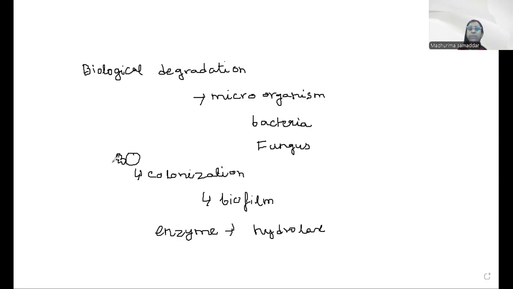So this is one of the ways of degradation of the plastic into smaller form. There are other ways also, like chemical degradation, because of ultraviolet rays or other chemicals, the plastic may get degraded.